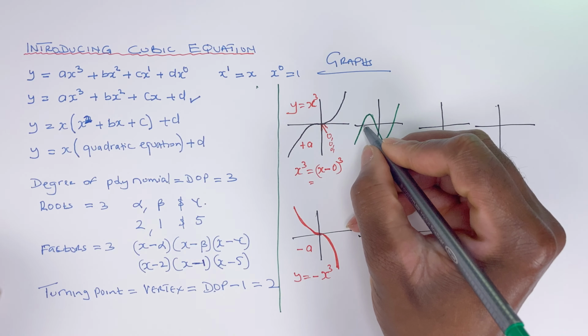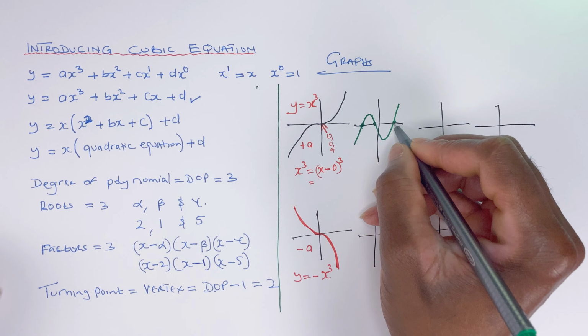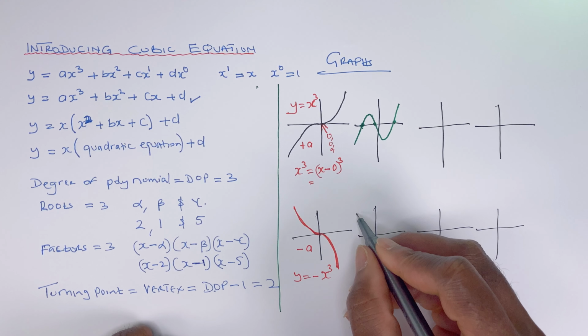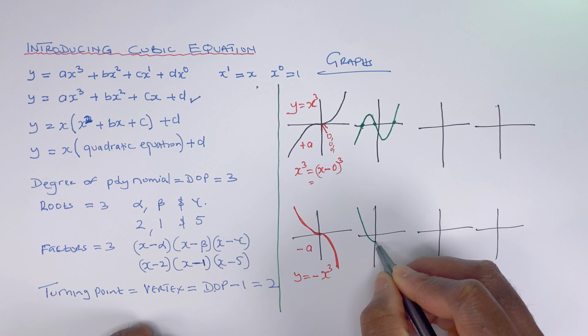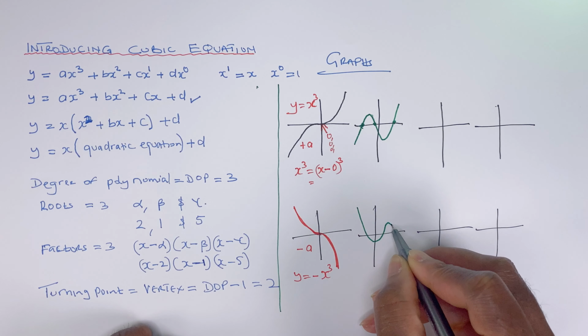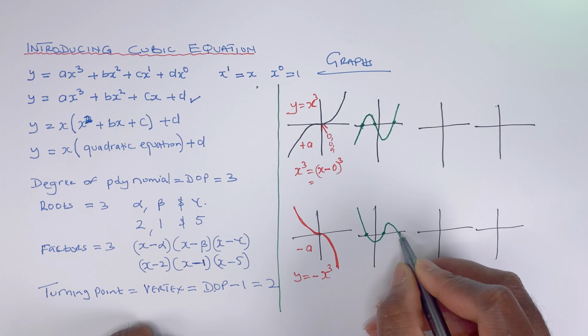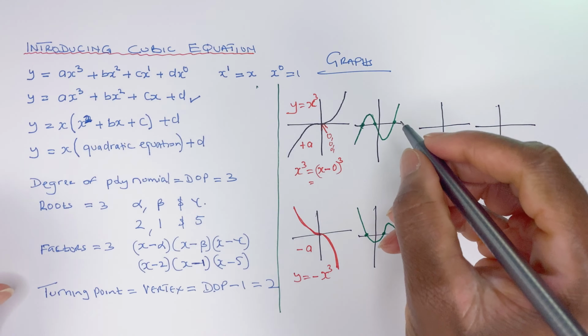That's alpha, beta, gamma. So that's the proper cubic.